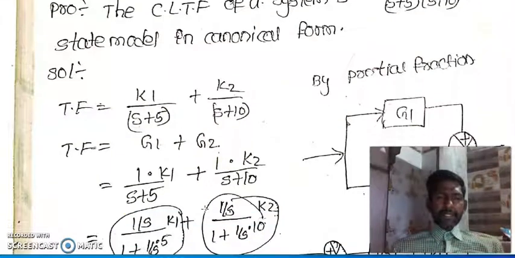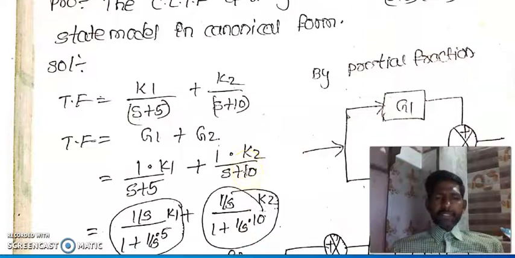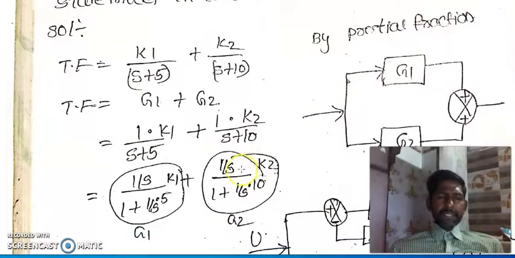G1 can be rewritten as 1 by S into K1 divided by 1 plus 1 by S into 5, making a common denominator of 1 by S.